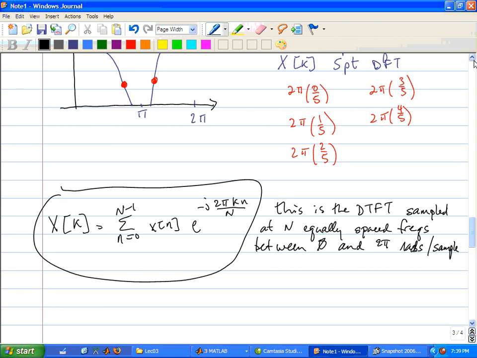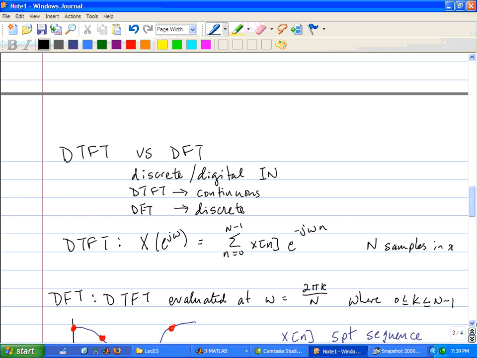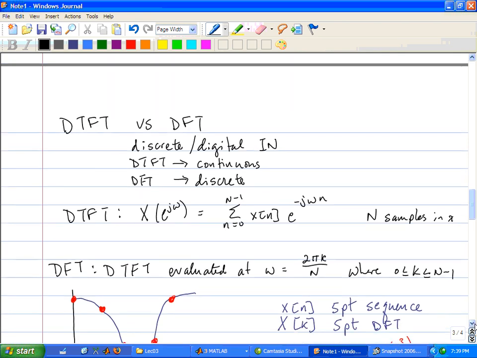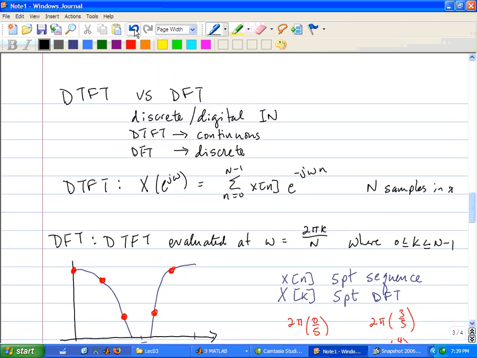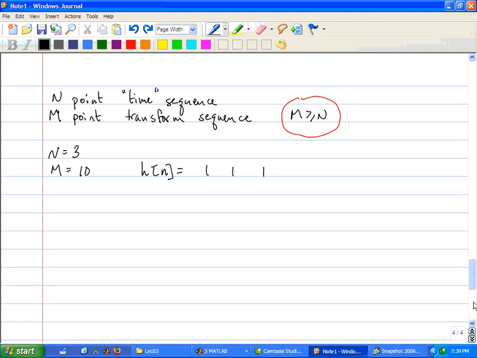In other words, I will have sampled my curve at three equally spaced points. Okay, that's fine. But let's say I don't want a 3-point DTFT. Let's say I want a 10-point DTFT. How do I do that?